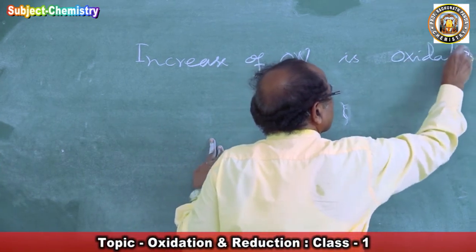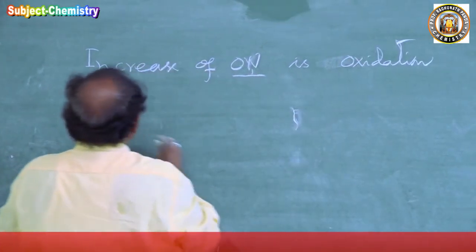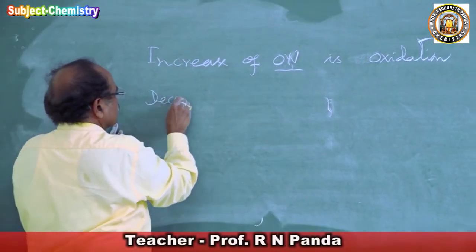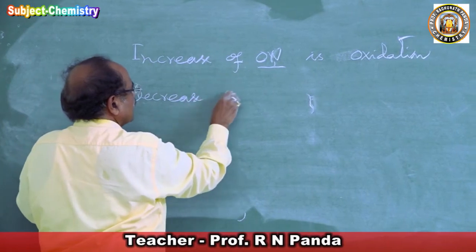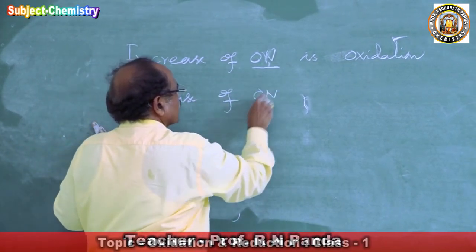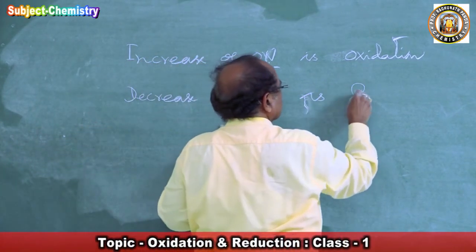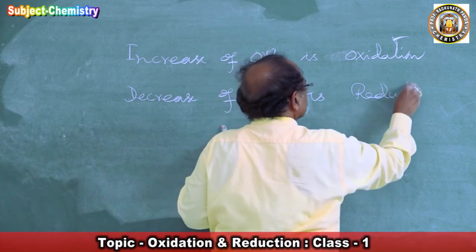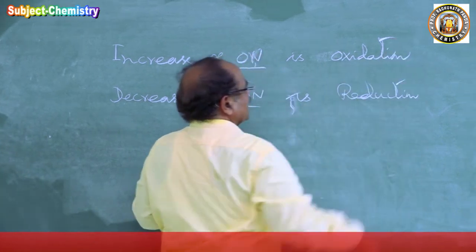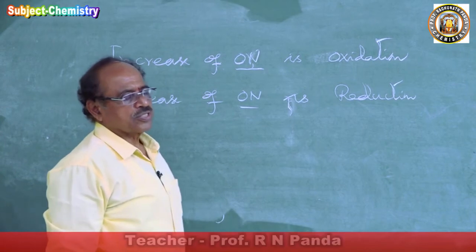If oxidation number is increased, it is oxidation, and decrease of oxidation number is reduction. So that is the way it explains the oxidation state.